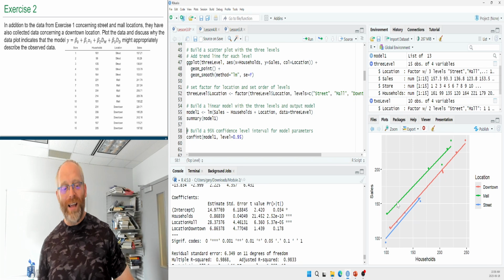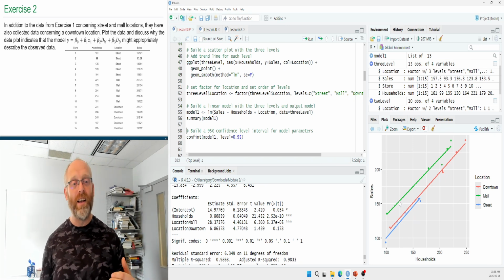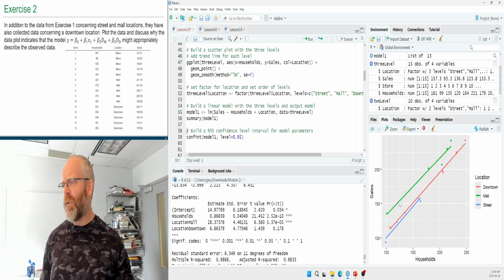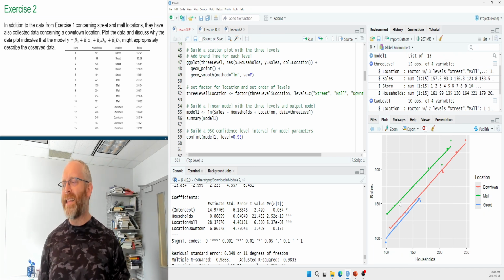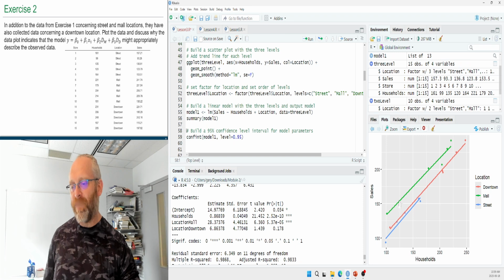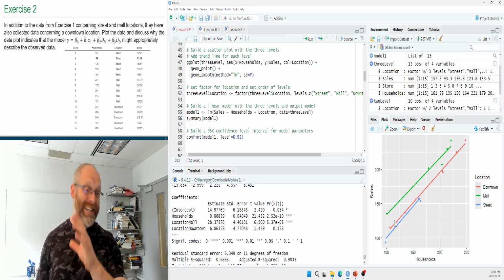That is the jump from going from here to here, so that's the increase in annual sales for a given month. I think this is for July. So we are roughly 28,000 and change more if we go from street to the mall location. We are roughly almost 7,000 more if we go from a street to a downtown location. But again, is that actually valid?